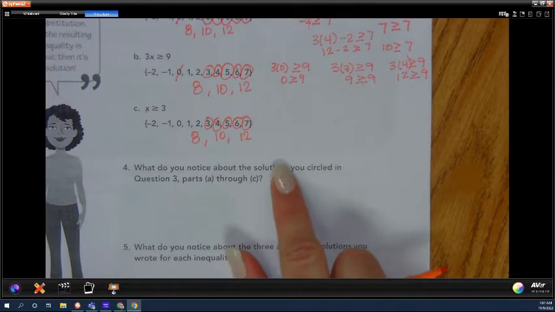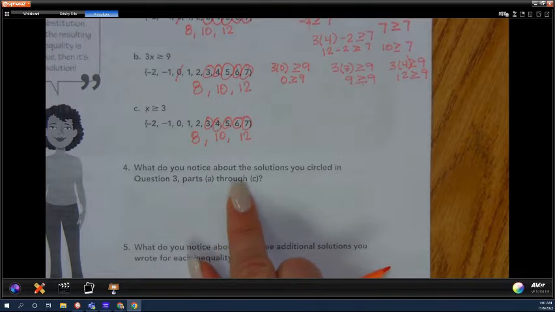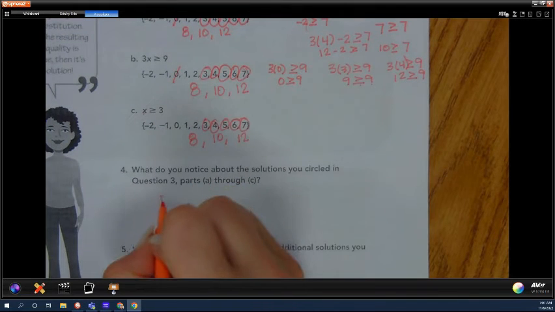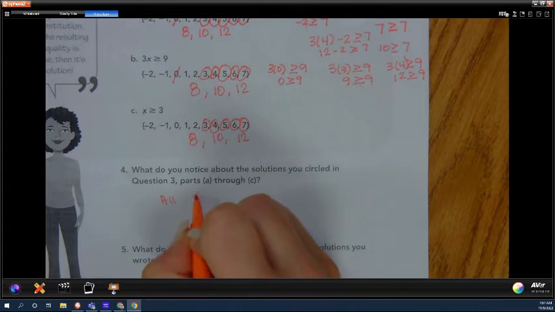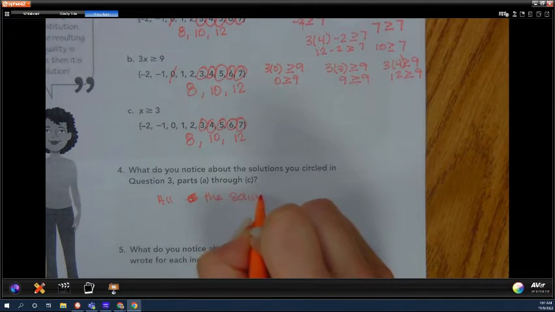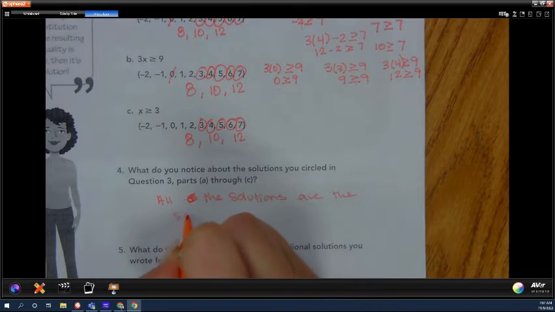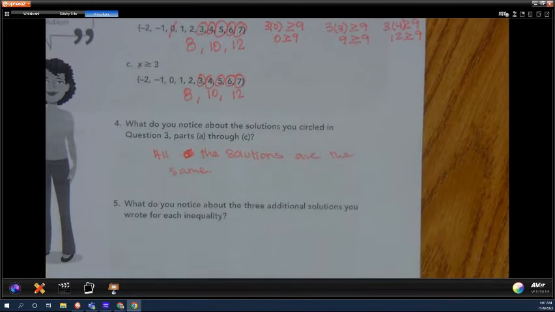So what do you notice about the solutions you circled in question 3, parts A through C? Well, all these solutions are the same. Okay.